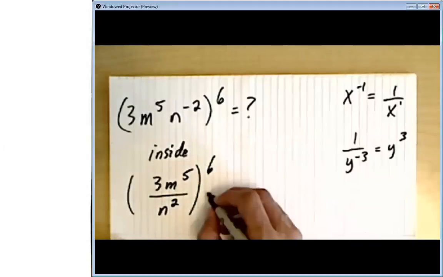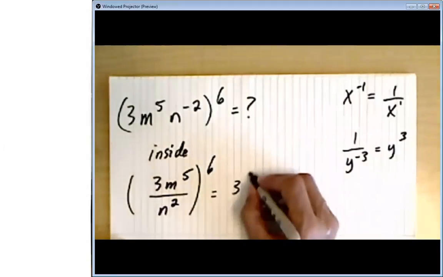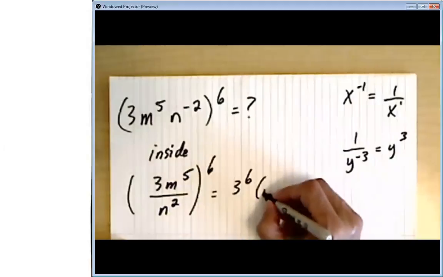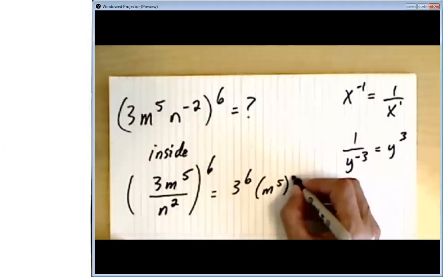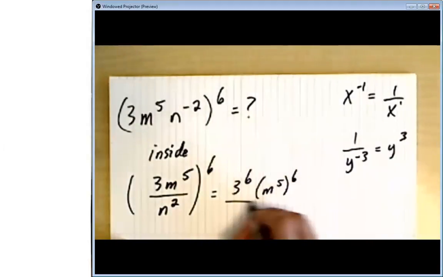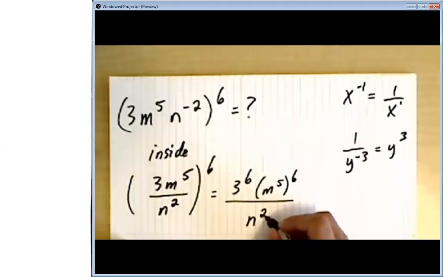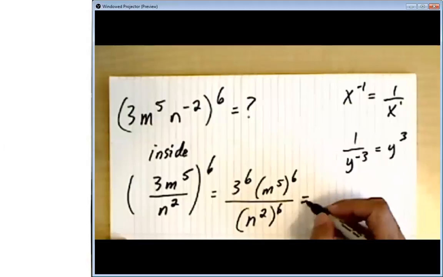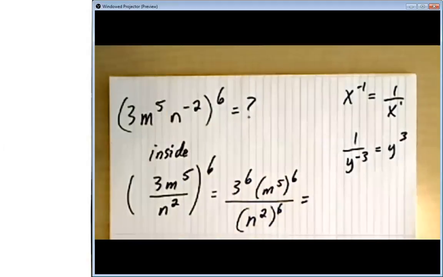All right, the 6 goes on each thing. So we get 3 to the 6, m to the 5 to the 6, divided by n to the 2 to the 6. Yeah, that's the rule when you have the 6 on the outside.